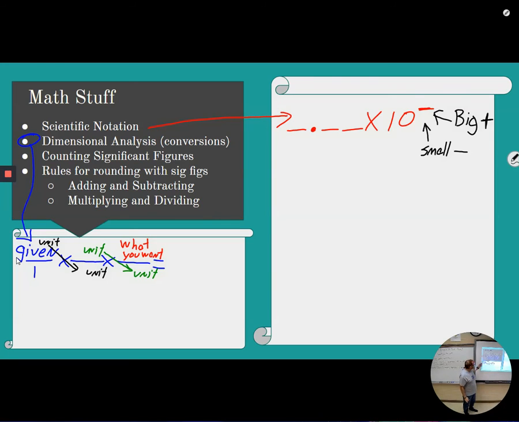Then once I've got this all set up, I multiply everything that's on top together, and I divide by each thing on the bottom. So all the numerators multiplied, divided by each of the denominators, gives me what I'm trying to convert to. Very simple.